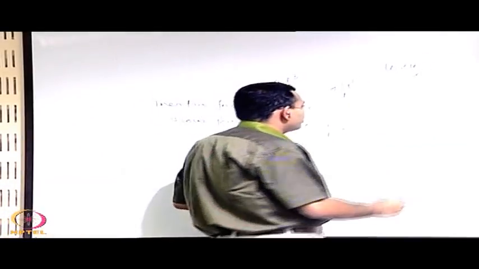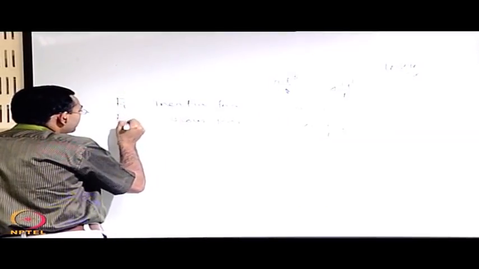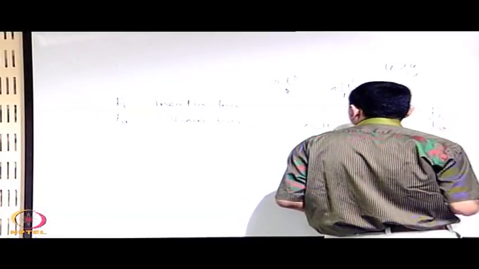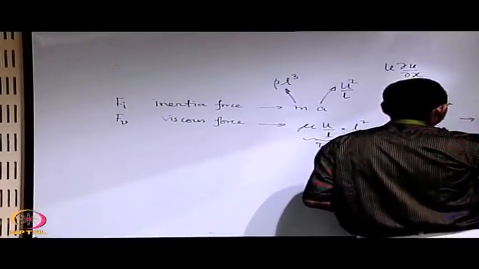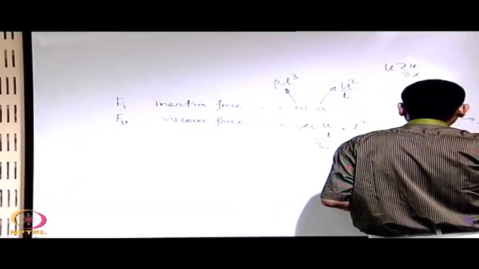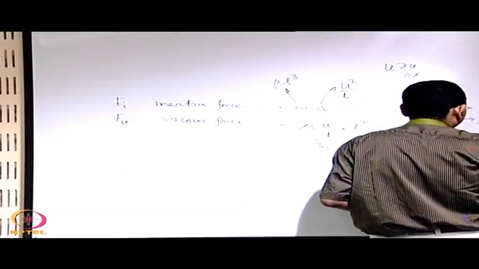So if you want to have the relative importance of these two, you have the inertia force by viscous force, that is rho L cube into u square by L divided by mu u by L into L square.